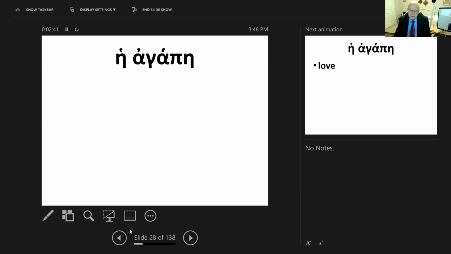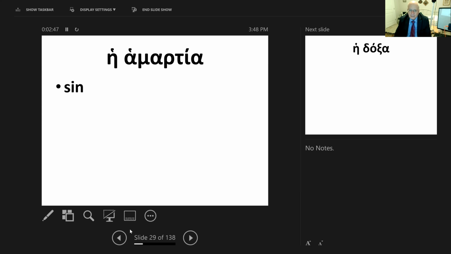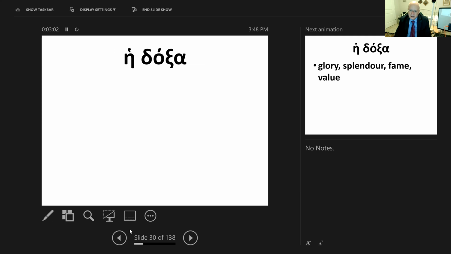But in Greek, it's more specific. He agape. And he hamartia is the sin. And it might be used of sin in general with the article, but generally the article wouldn't be present in Greek or in English if we're just talking about sin in a general way.